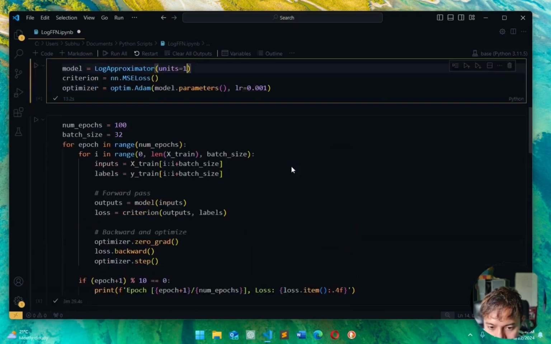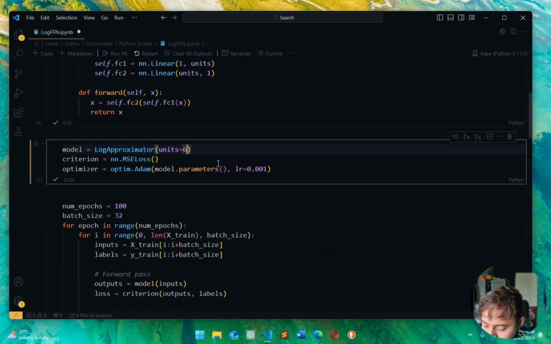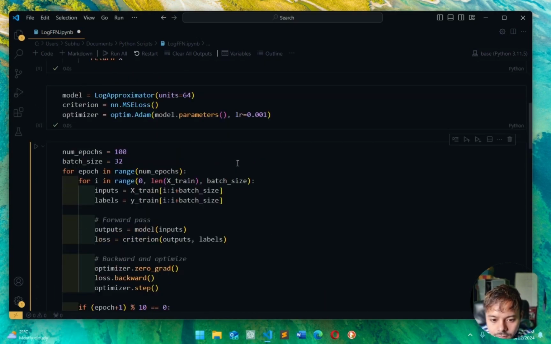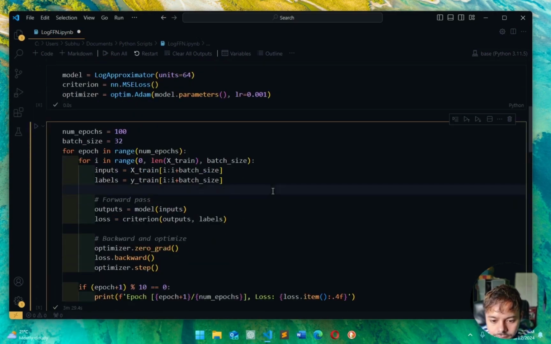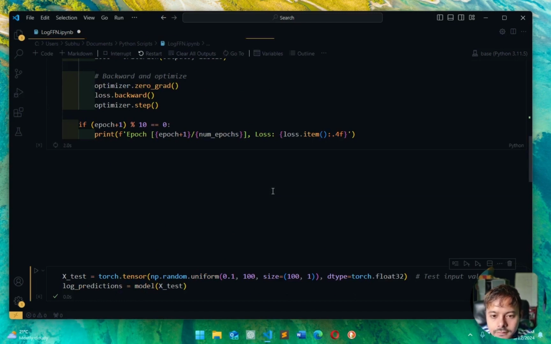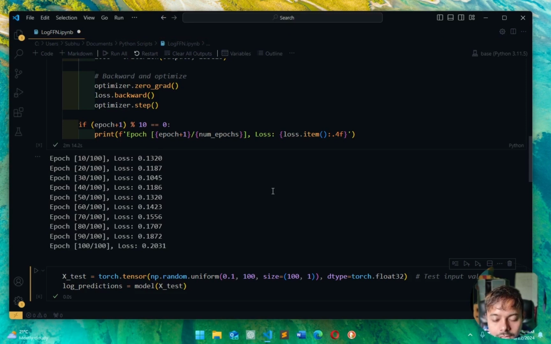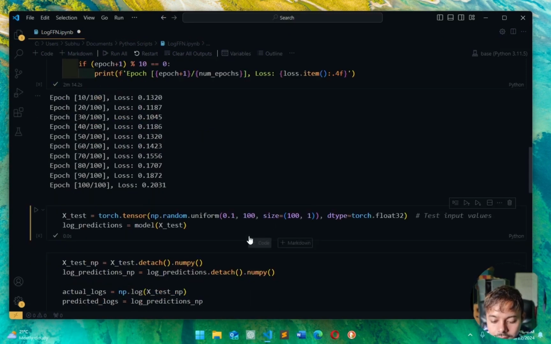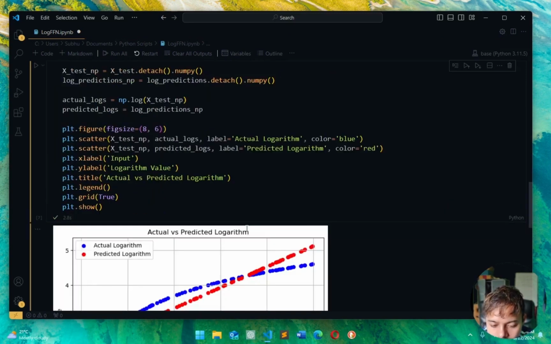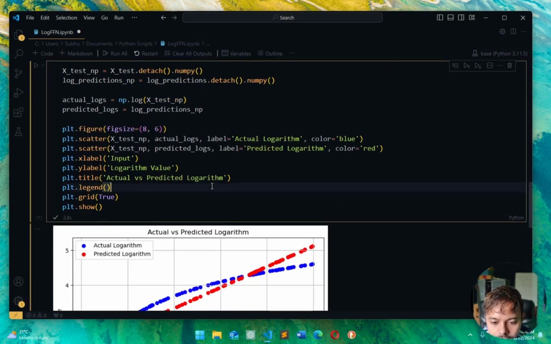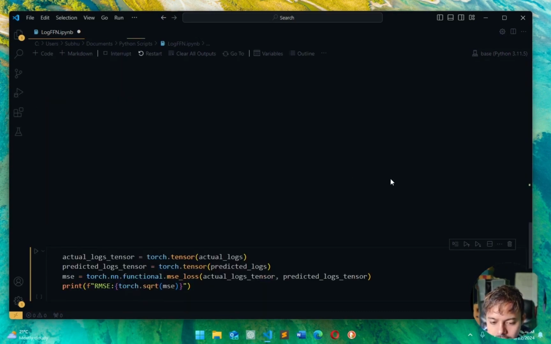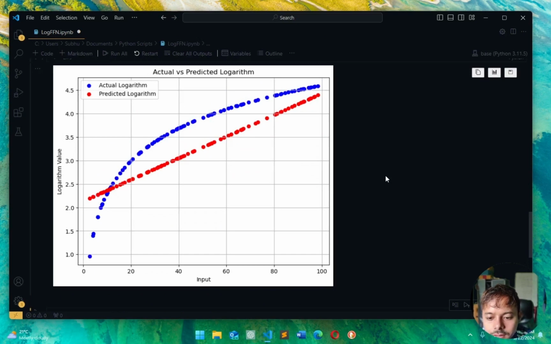We have to fit a curve. We are going to change the hidden units to 64 and run this model. Train it again. Let's wait. Our training is completed. Let's reinitialize the test values and visualize how our model performed.